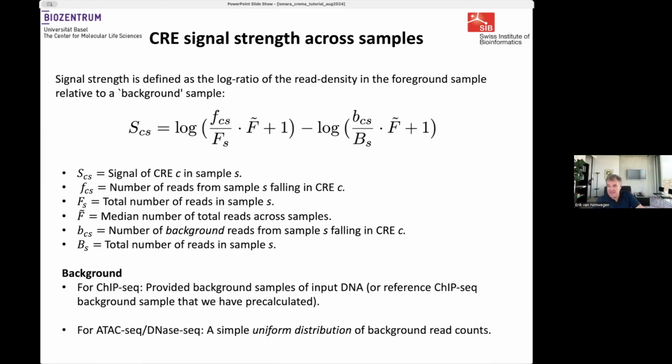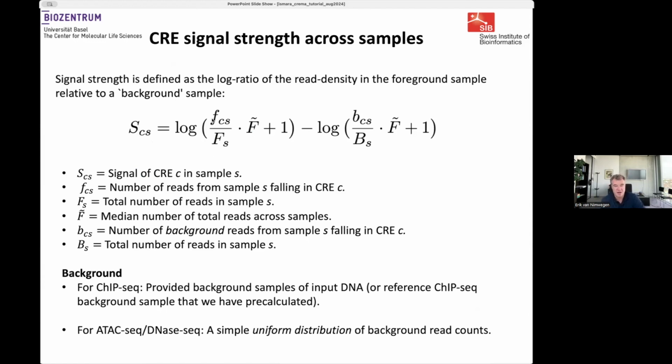Okay, next step, we want to assign a signal strength to each CRE across the samples. So we want to say, how active does this CRE appear to be in each of the samples? So the signal matrix for each CRE C and each sample S assigns a number, and it's relatively simple.